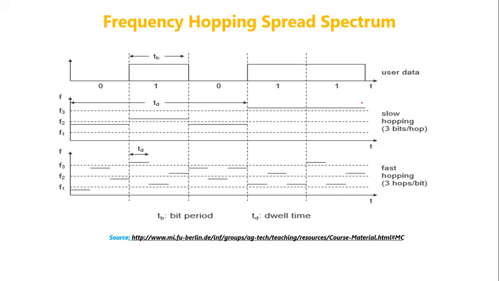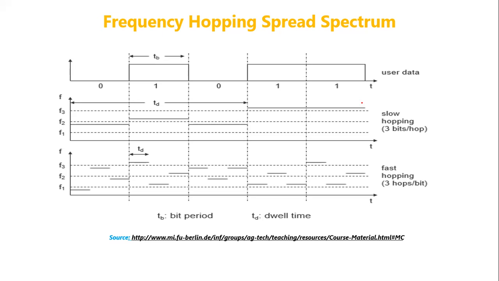And coming to fast hopping, here the transmitter or the receiver will hop multiple times during the transmission of 1 bit. Even during the transmission of a single bit, the transmitter and the receiver may hop multiple times.